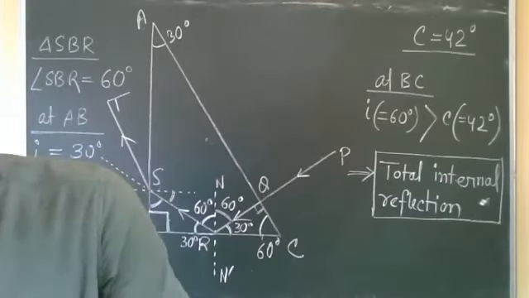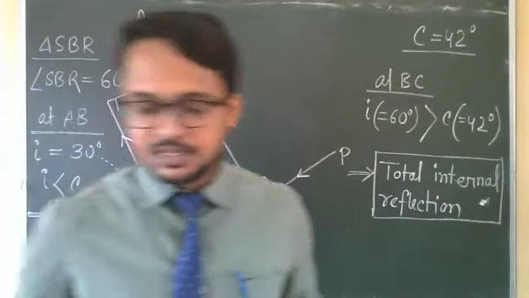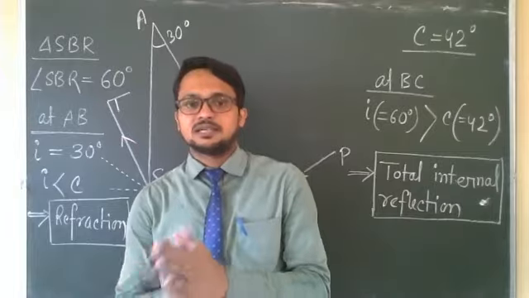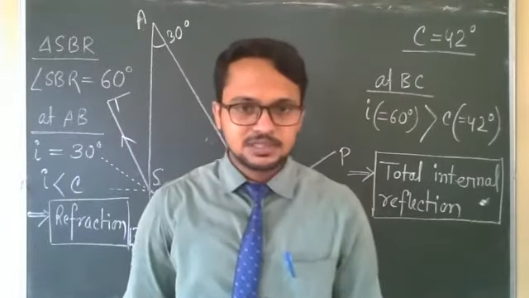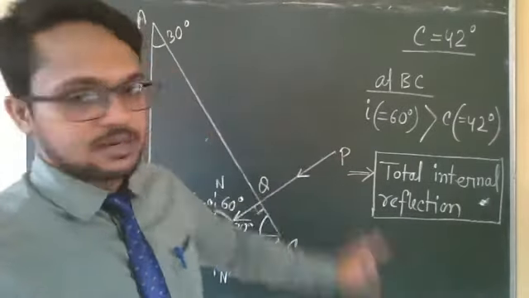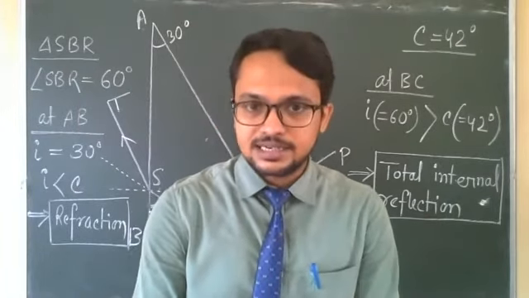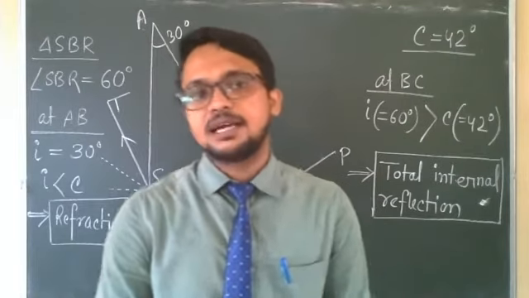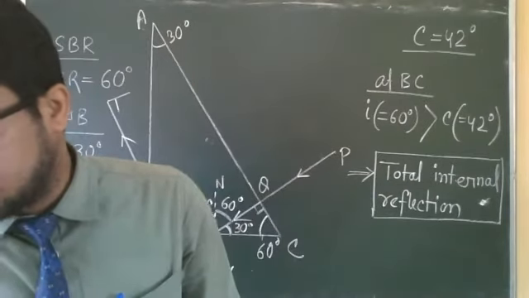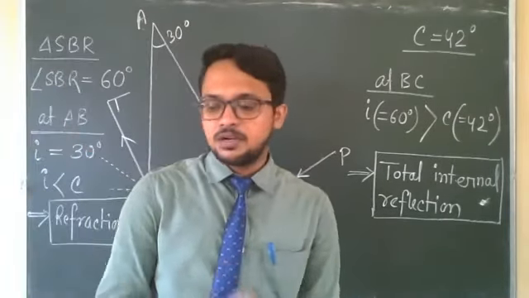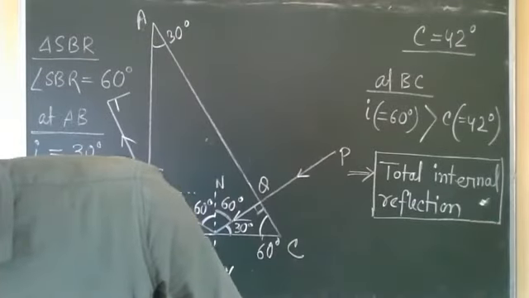These are the few consequences and differences we have seen. Today we have discussed the 4 ray diagrams and different points. Next we saw the differences between total internal reflection and normal reflection, and at the end we saw some consequences of total internal reflection.